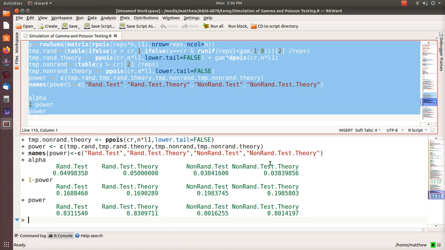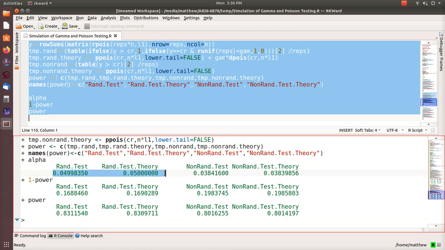Notice it got stuck on the randomized test, and the non-randomized test just went right through. Remember the data is discrete. For the randomized test, theory said we want 0.05, and the simulation was so close to that. For the non-randomized test, the significance level is 0.038. The power went up from 65% and 60% to 83% and 80%. So it did increase power, as it should.